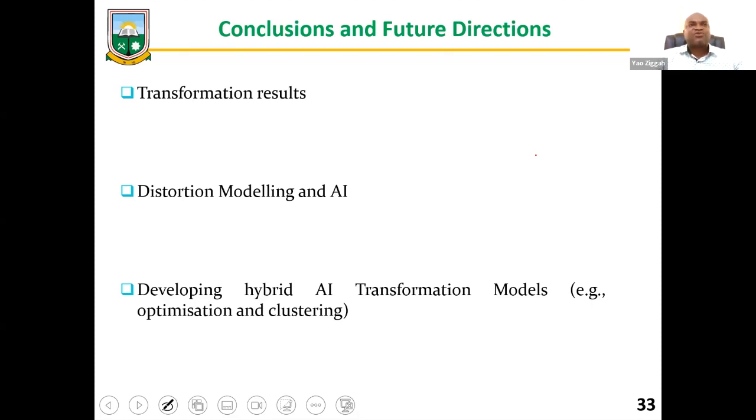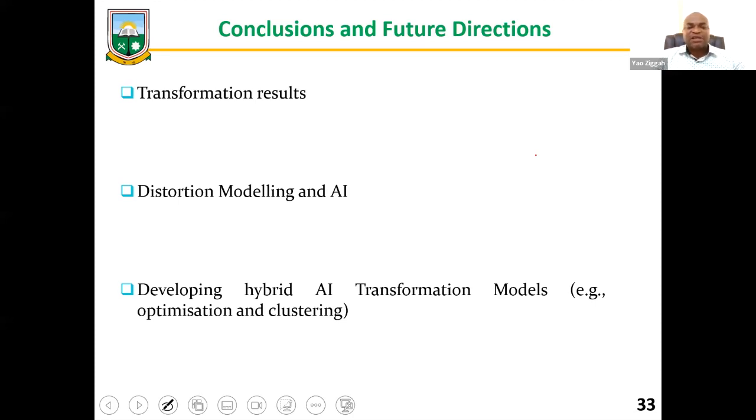But there's a need for us to use the AI as an interpolation method in a distortion system, so that we can compare how it fares against the other interpolation methods, the radial basis function interpolation methods, the minimum curvature interpolation methods, and so on and so forth. This is something that has not been researched in literature.